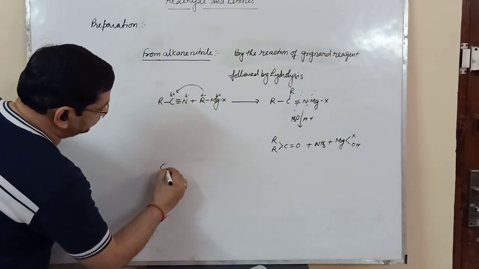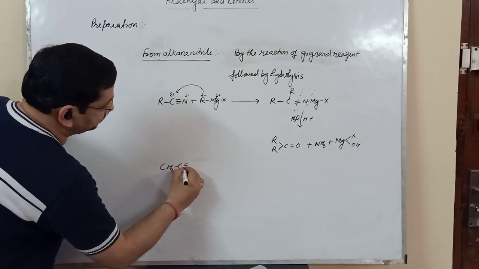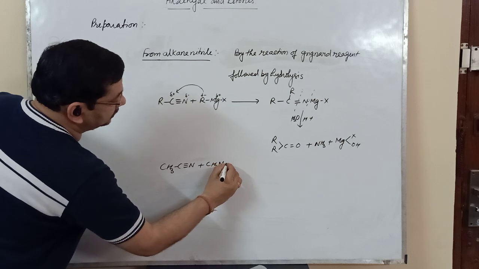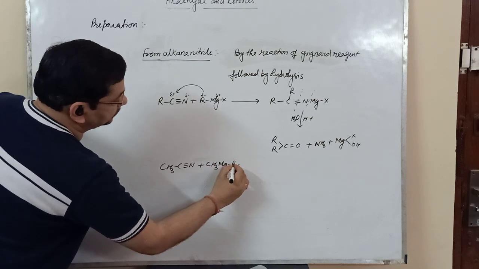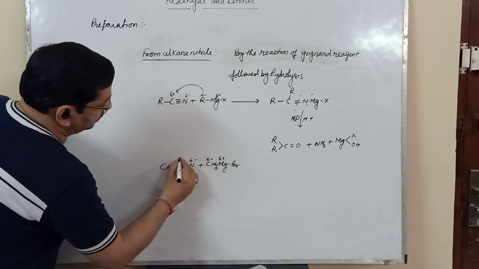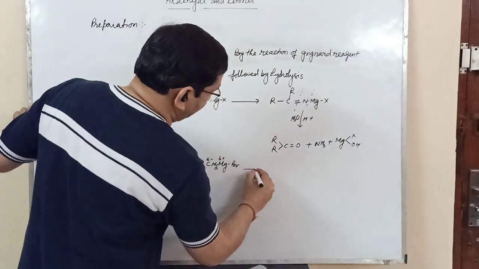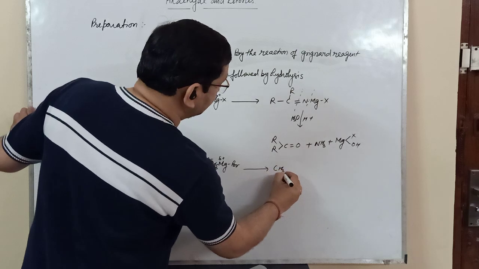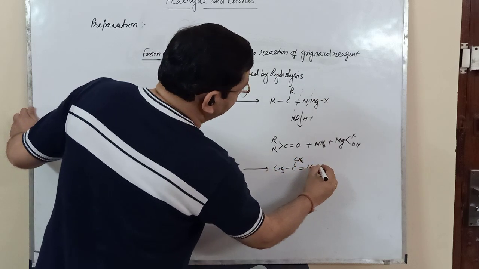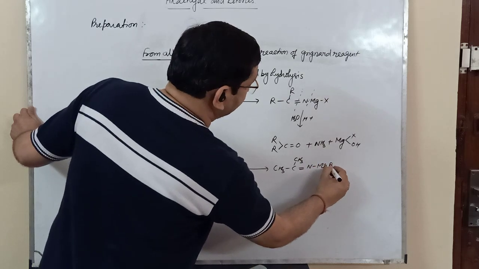For example, CH3CN on reaction with CH3MgBr will give CH3-C(CH3)=N-MgBr.